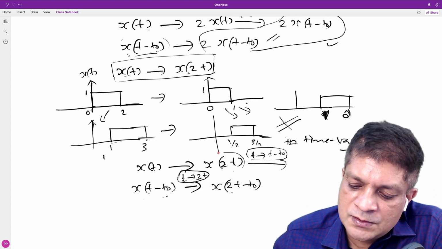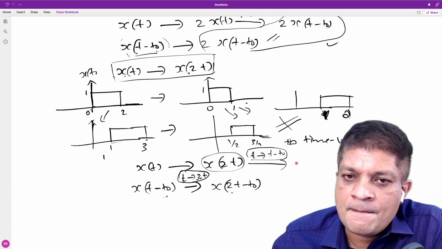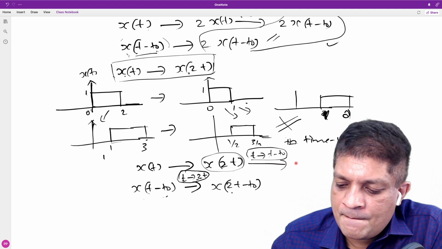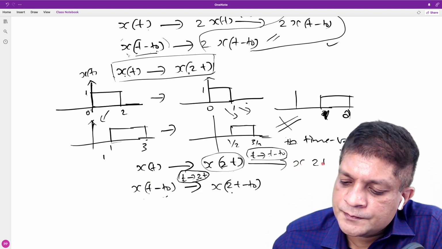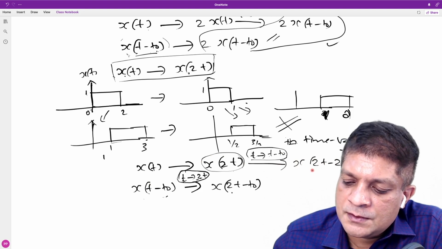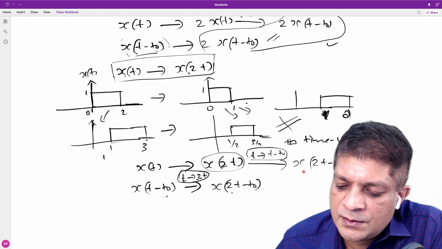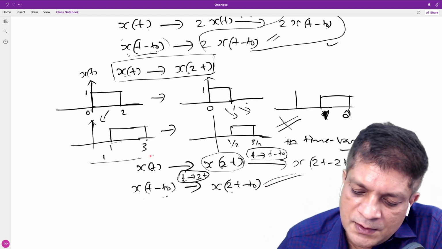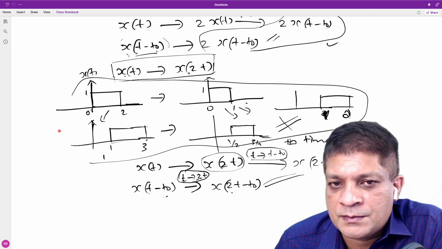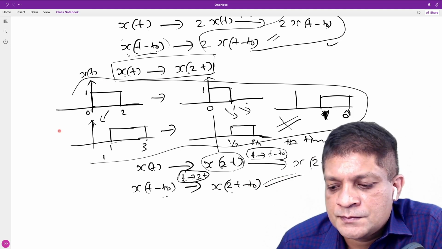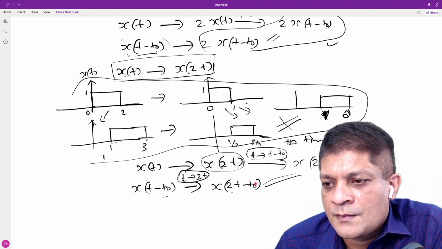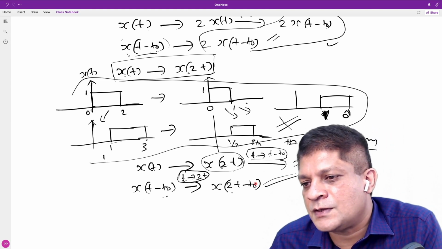So what will be the delayed version of this signal? x(2t minus 2t naught). These two are not the same. That is what we have proved here with an example. So this is a time varying system.